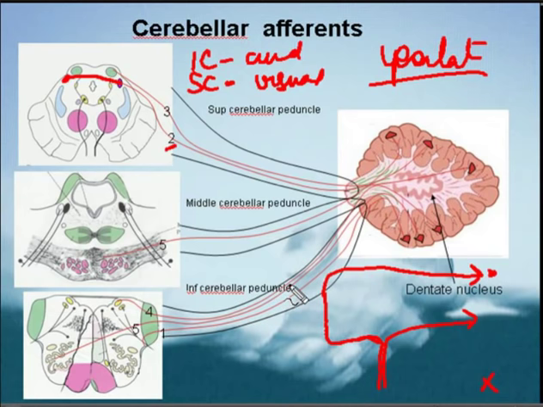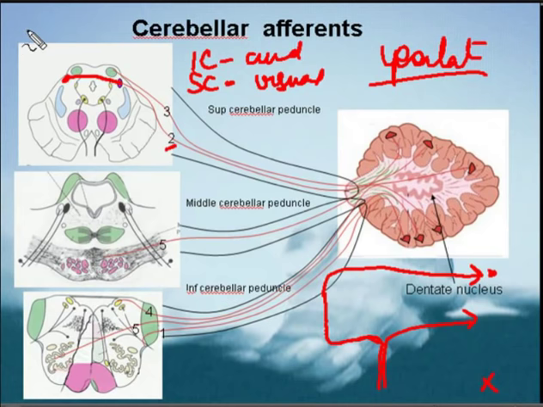And then finally, the pontocerebellar, from the pontine nuclei in the pons, and the inferior olivary nucleus. You have fibers which come from the cortex. These are corticopontine fibers.